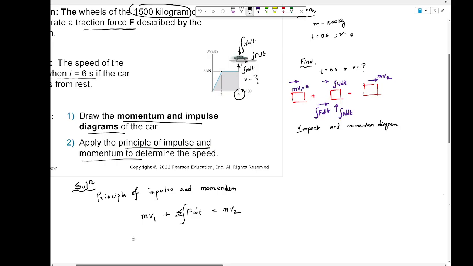Okay, so then you have this 1500 multiplied 0. Now on that, the weight and normal force, since those are on the wheel itself, you can cancel them out and you only have the traction impact, right?